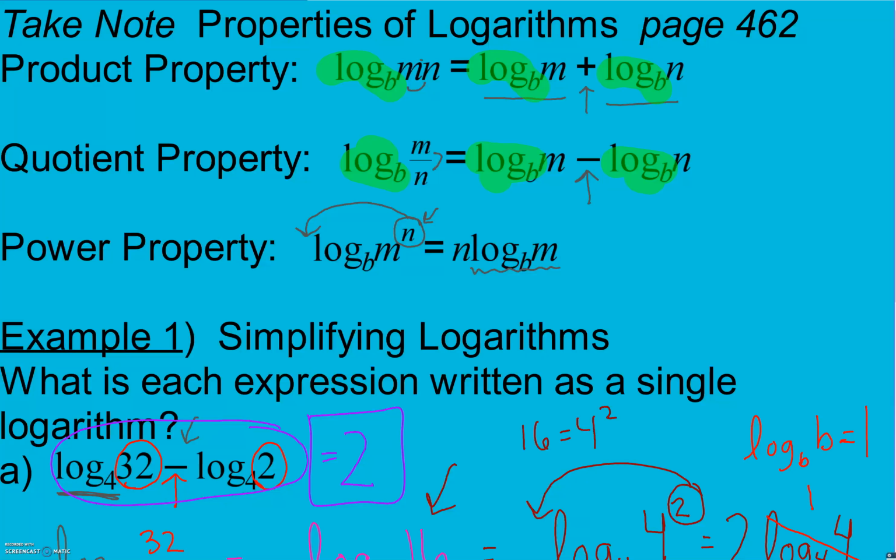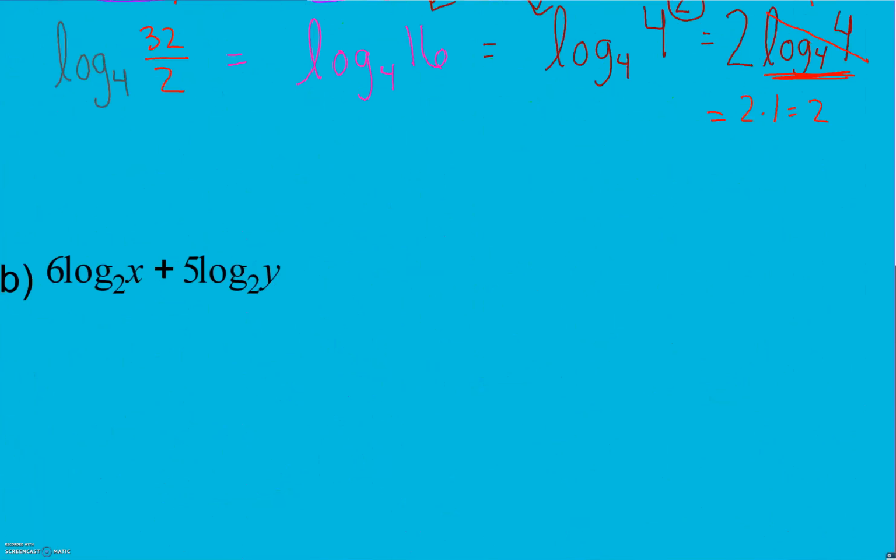Part B here, sorry about that. Same idea, we're just going to have to do our exponents first. So we're going to take those numbers in front, our coefficients, and swing them to the back as exponents using that power property.